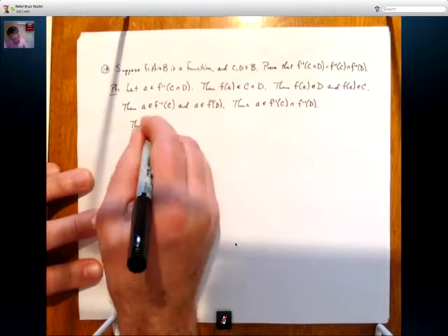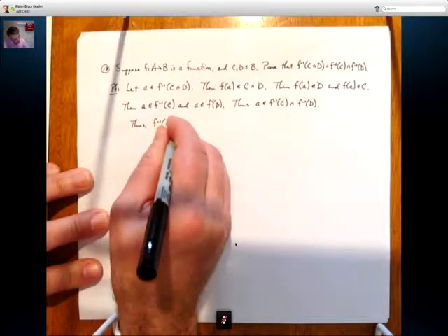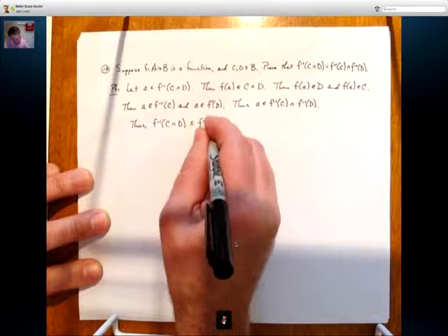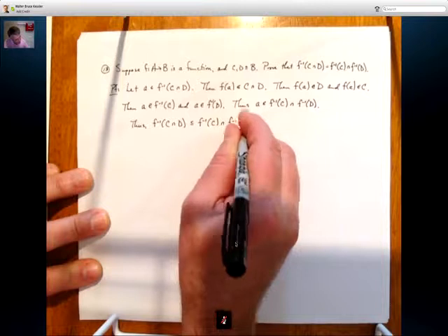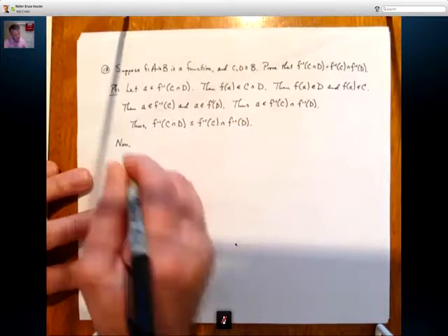So we started here, finished there. Thus, f inverse of C intersect D is a subset of f inverse of C intersect f inverse of D.